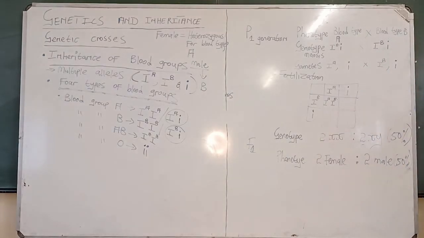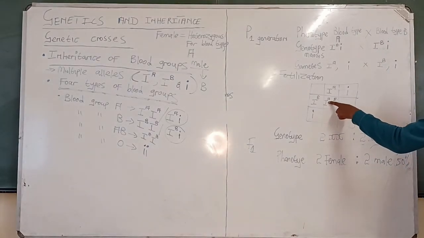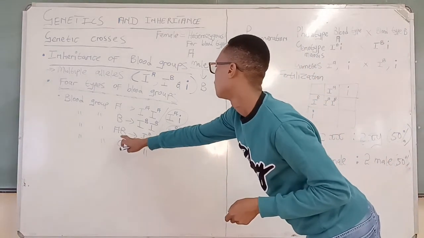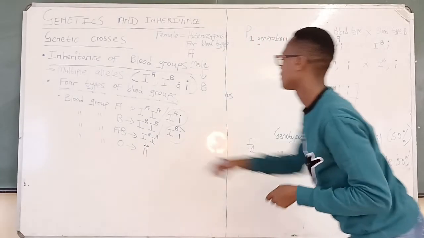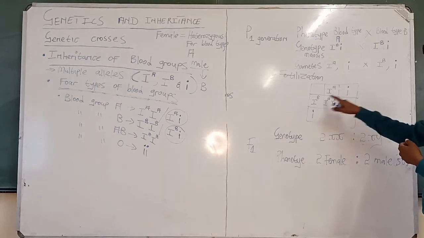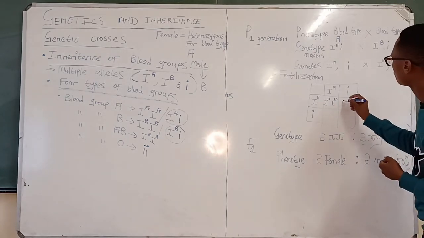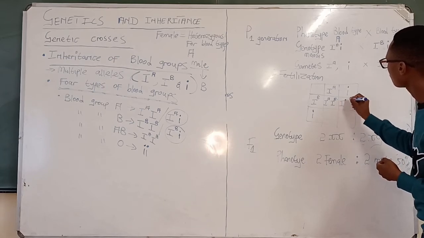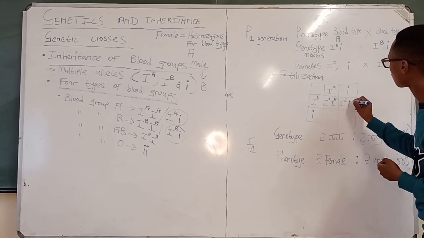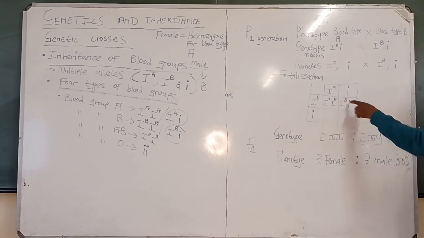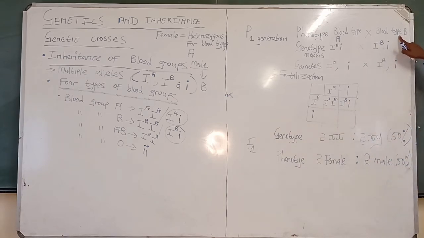So as you can see now, the genotype is going to tell us that this blood group is going to be blood group AB, because of the alleles are like this, we have AB at the top. When this gamete combines with this one, they're going to form this genotype, B. So it means that they can form blood group B, meaning that the blood type can be the same as that of the father.